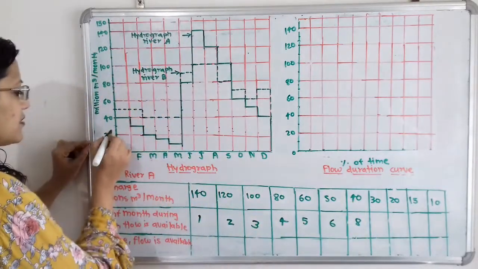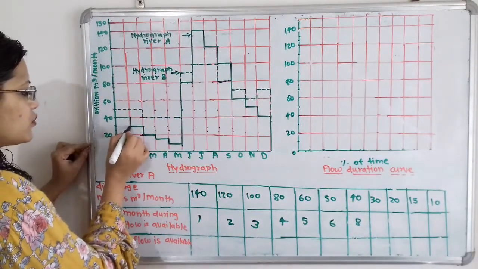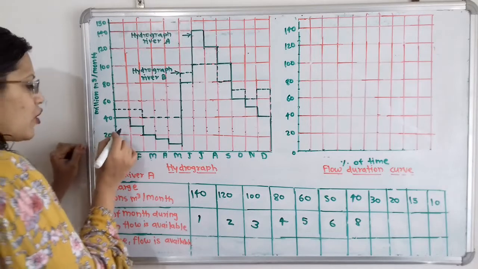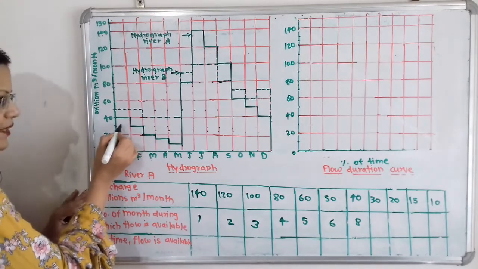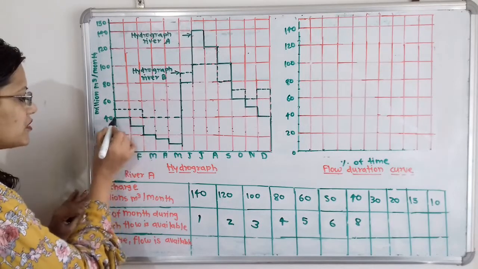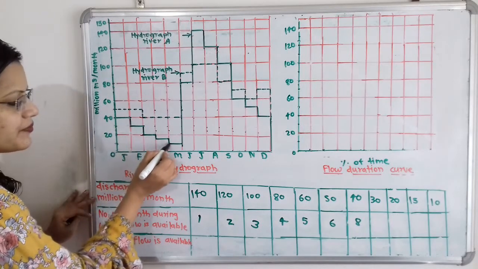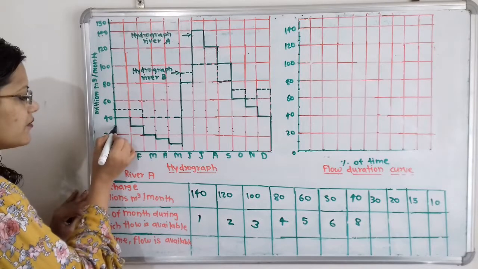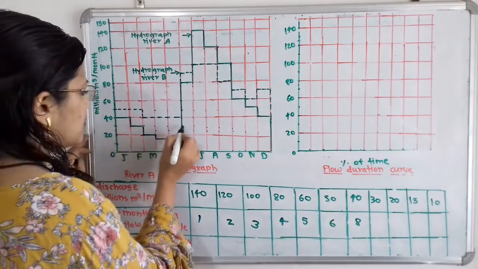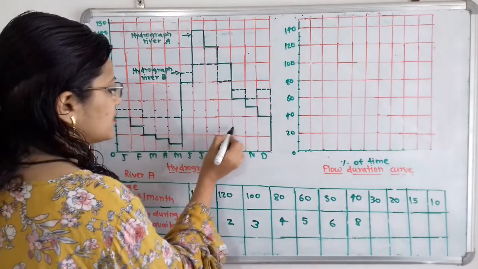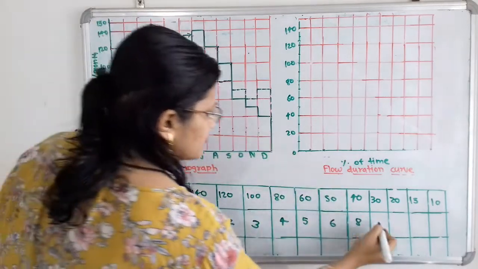Then next is 30. In between 20 and 30, here it is available. If we observe from the start point, here 2 months are there because this is the first part. Then for this 30, these 2 months plus 3, 4, 5, 6, 7, 8, 9.